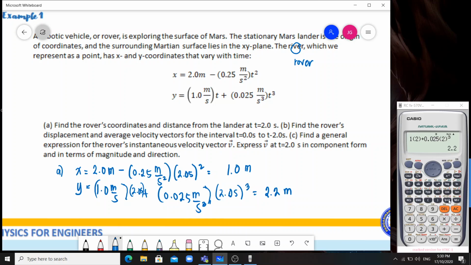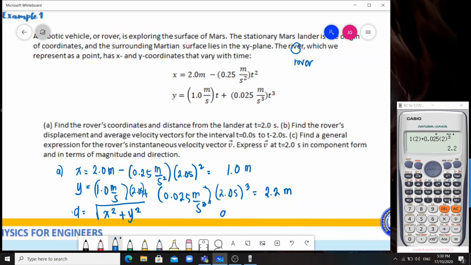And the distance. How do we get the distance? When we say distance, that is the magnitude of the rover's position. So how do we get the magnitude? We have the formula square root of x squared plus y squared.